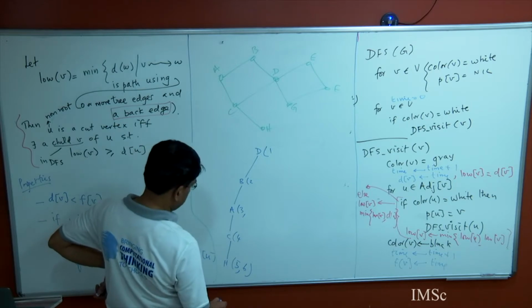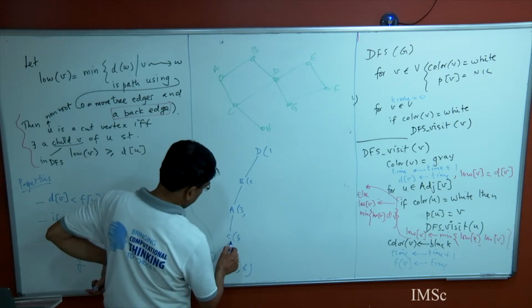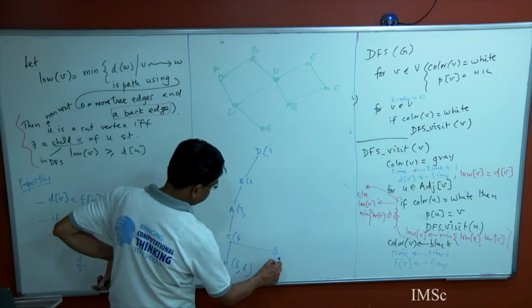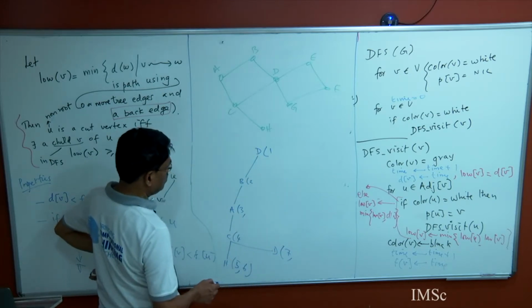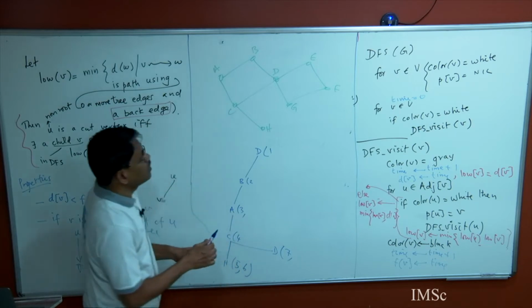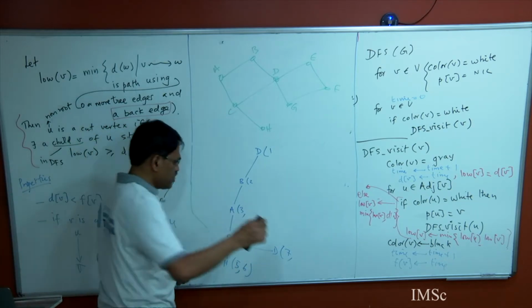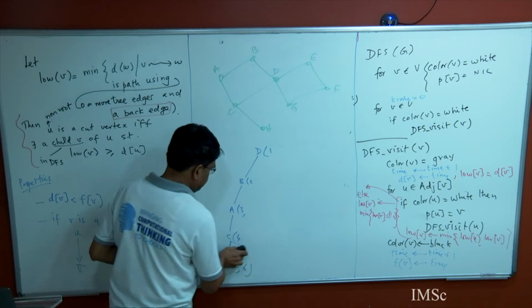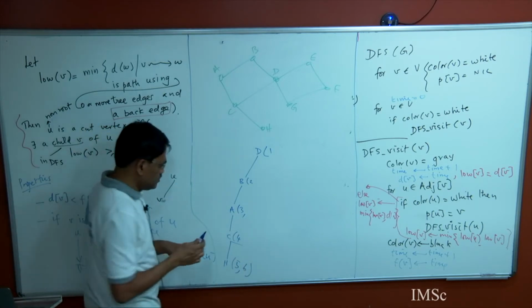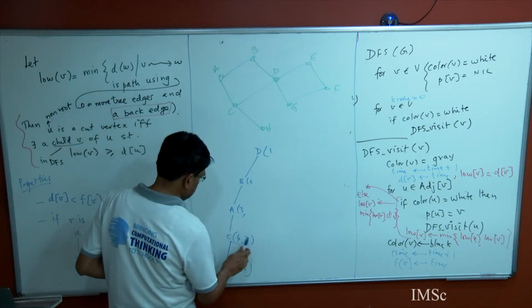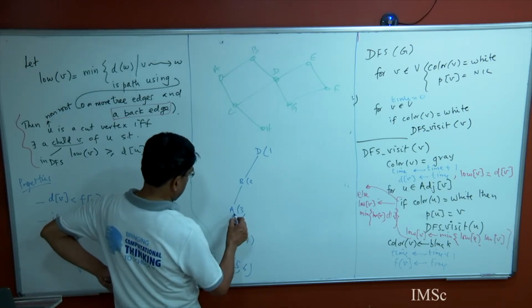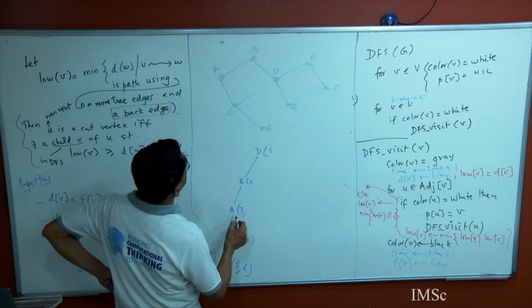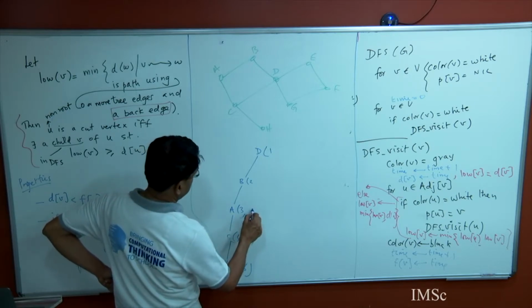C has A, D and H. So it can go to D at time 7. Oh, D is already visited. So C is done, right? Then come to A. A has B, C done, so that's 8.